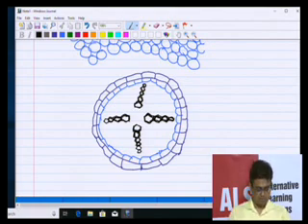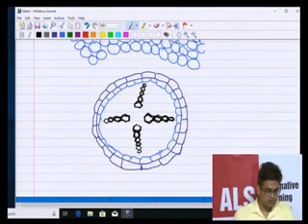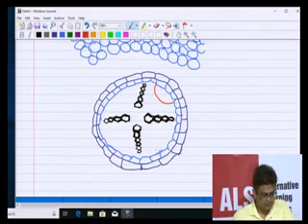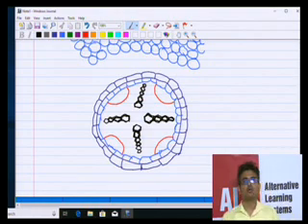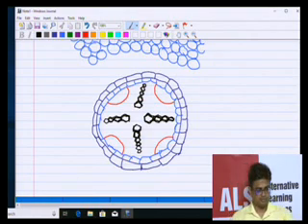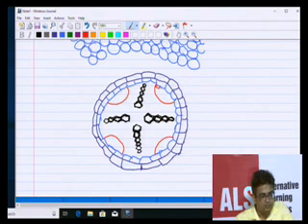Right. Now I am going to draw the phloem. Phloem, as a convention, I am always using red color, like this. 4 phloem patches and 4 xylem patches. It is called tetrarch condition of xylem and phloem.